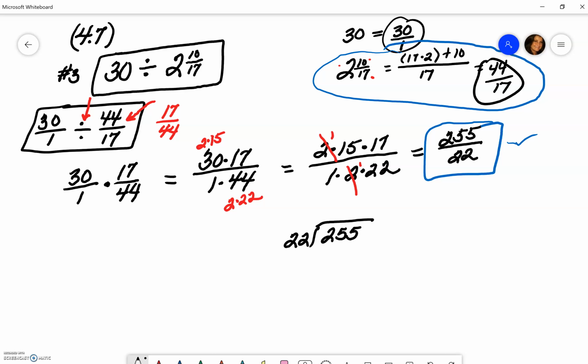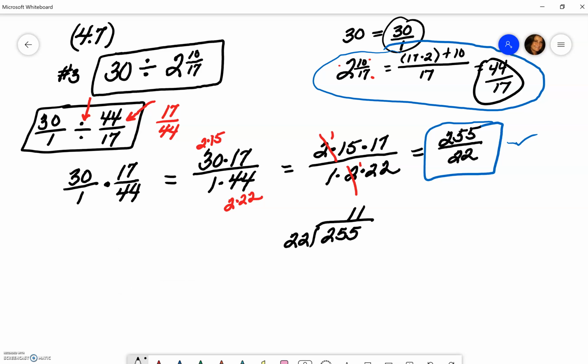Now, the shortcut: if you just enter 255 divided by 22 in a calculator, you can write the whole number. When you enter it, you're going to end up with some kind of answer like 11.09 and so on. I don't know what the digits are, but you can't include any of that, but you can take the whole number and just write it up here on the top.